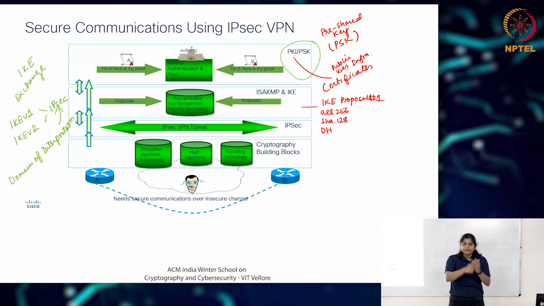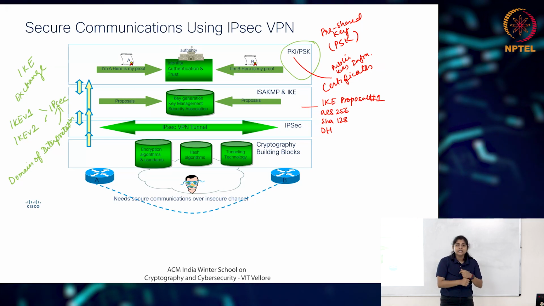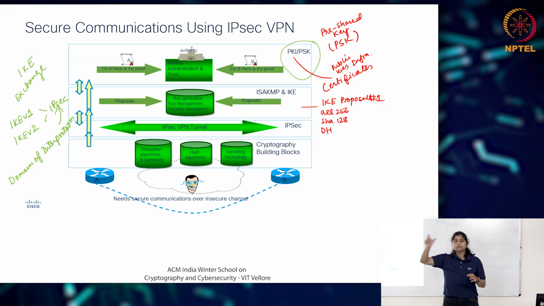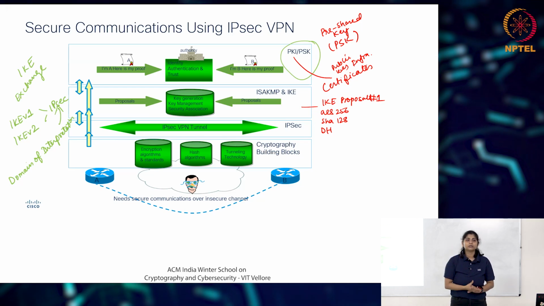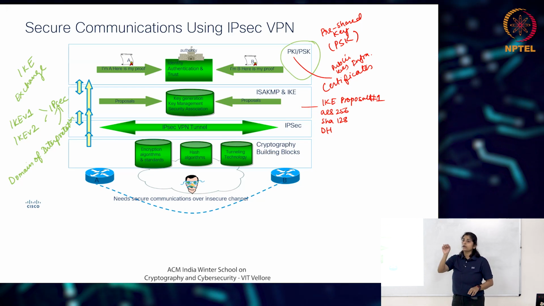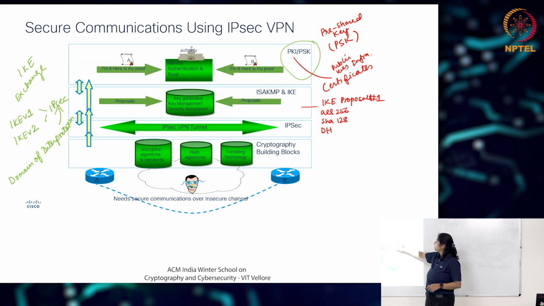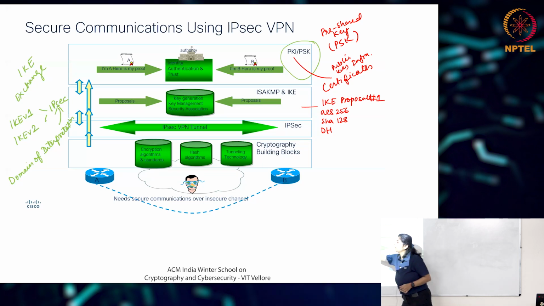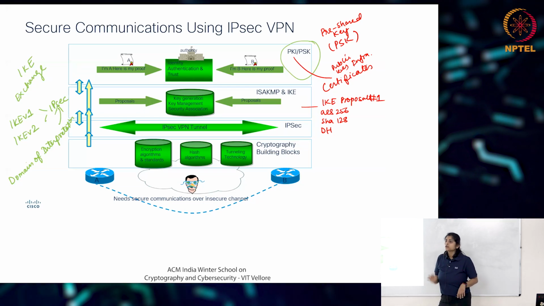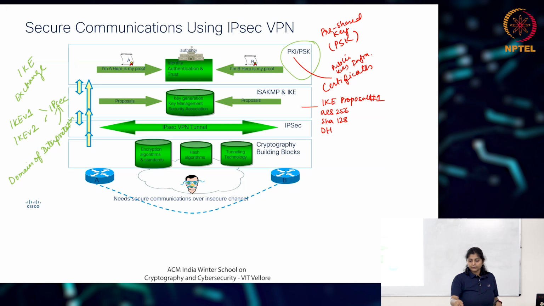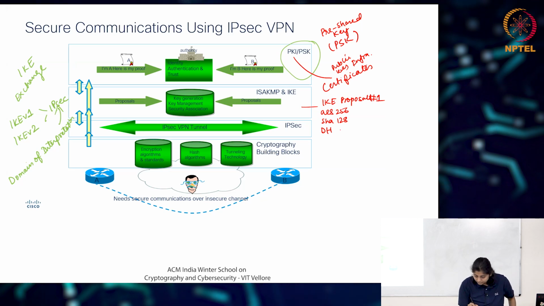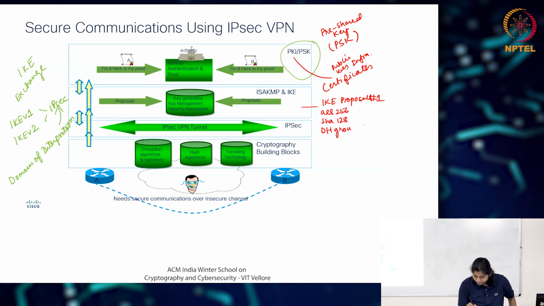So we have group 5, group 14, group 19, and they're all equivalent to some size of the key exchange. So you exchange that as well. You are telling, I will be using group 14, will you also use group 14 or not? So my proposal will have, say, group 14.